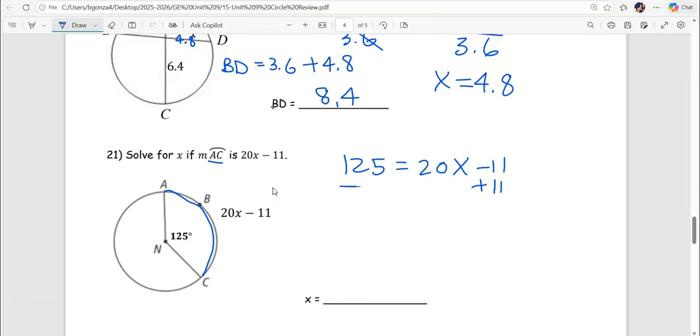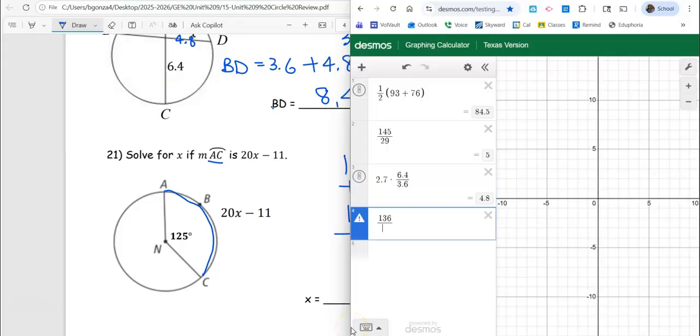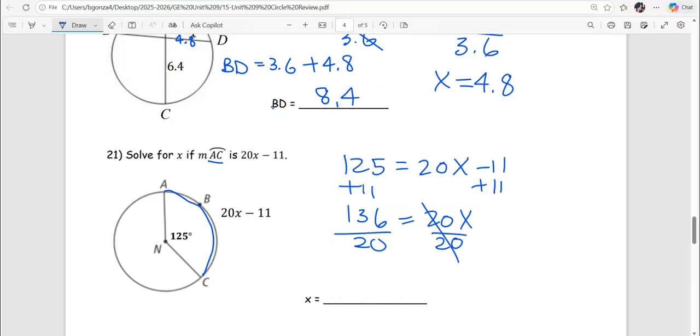And then you can solve it ye old-fashioned way. Okay, 136 divided by 20. 6.8. Cool.